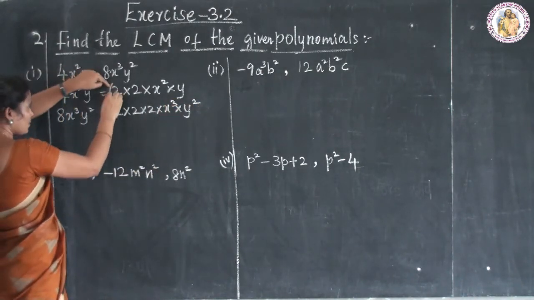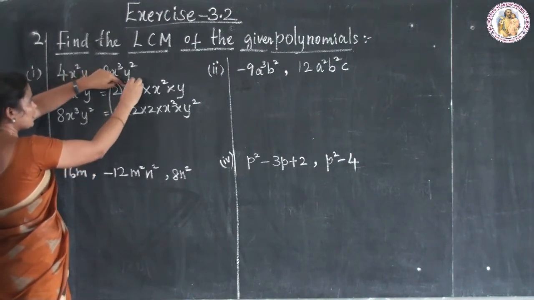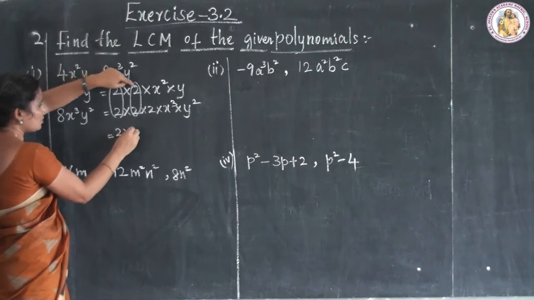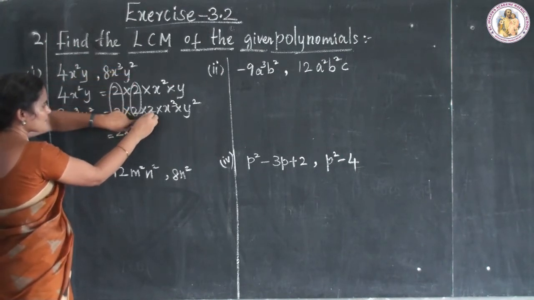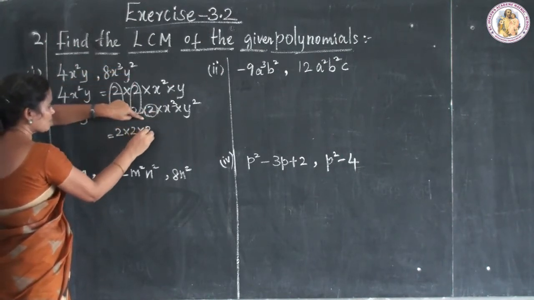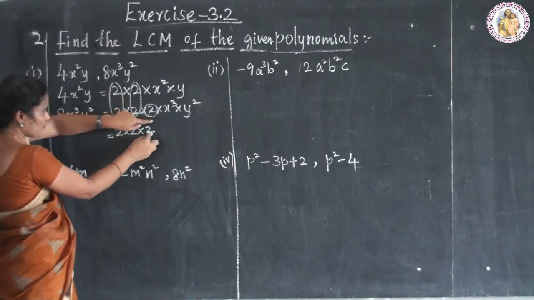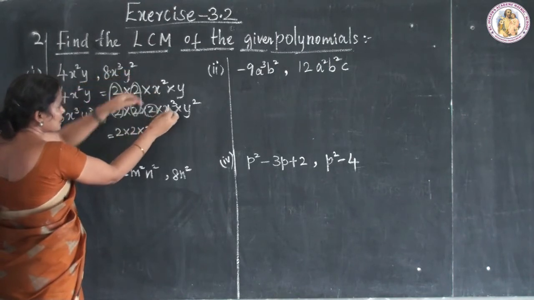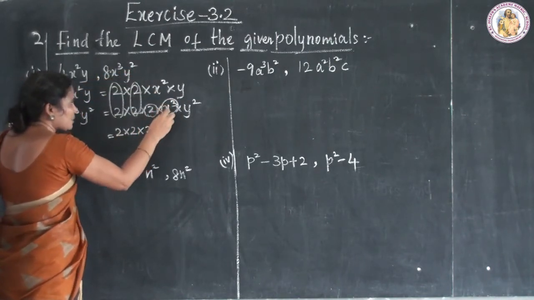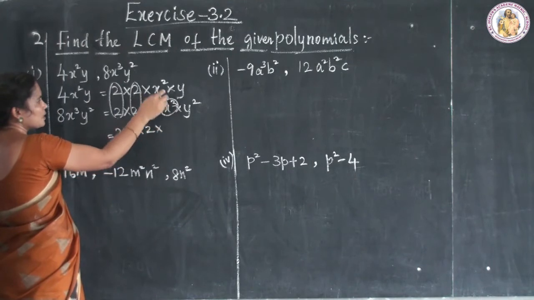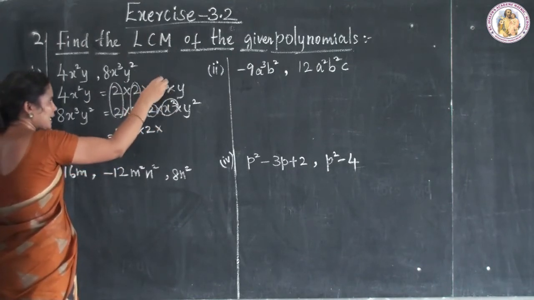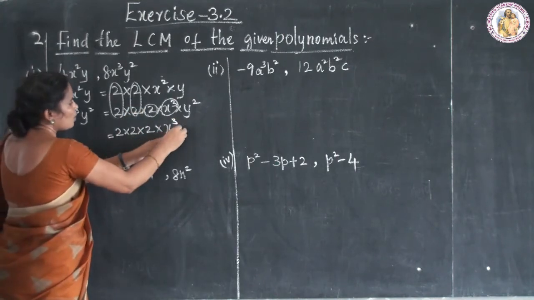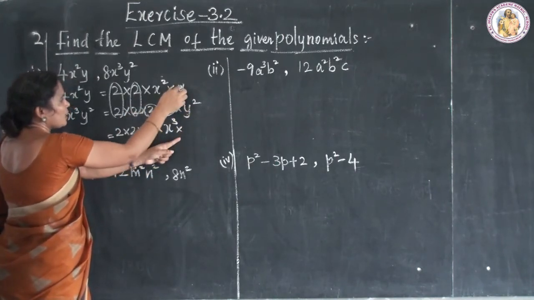Now you can see 2 in both terms. So write down 2 into 2 as well as the extra 2, 2 into 2 into 2, and then the variables with the greater power. Here we have x cube, here x square. Write the greatest power x cube, and also y square and y.